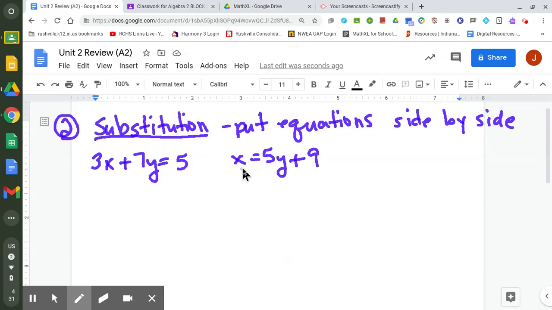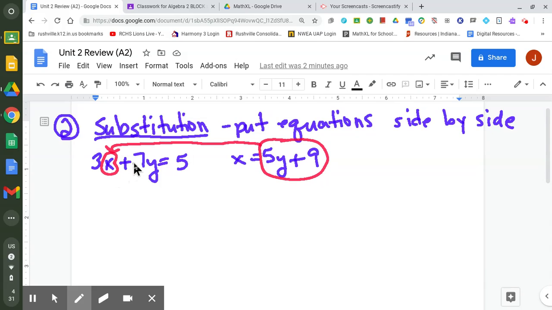This one has x equals, so I don't have to do anything to these first two equations before I start substituting. So I'm going to take the 5y plus 9 because it is actually equal to x. And in this equation, I'm going to put it in for this x.